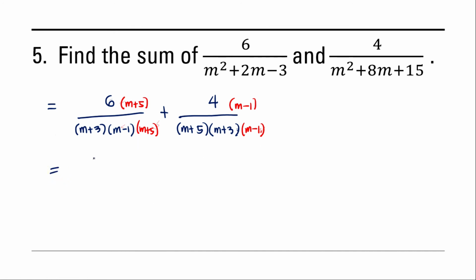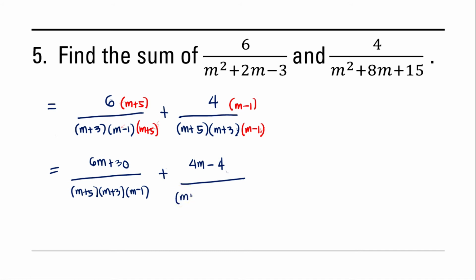So, we have m plus 5, m plus 3, and m minus 1. Simplify natin, we have 6 times m plus 5, that is 6m plus 30 over m plus 5, m plus 3, m minus 1, plus 4 times m minus 1 is 4m minus 4 over m plus 5, m plus 3, and m minus 1.